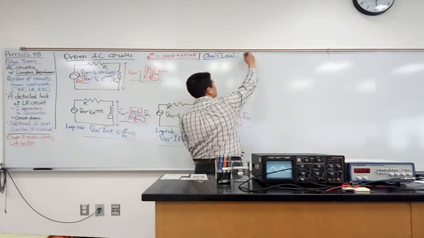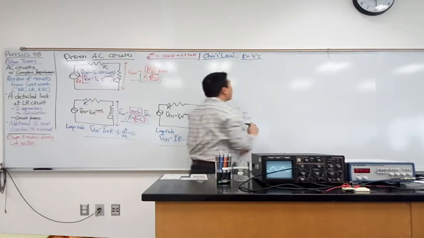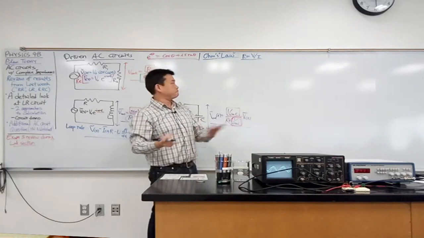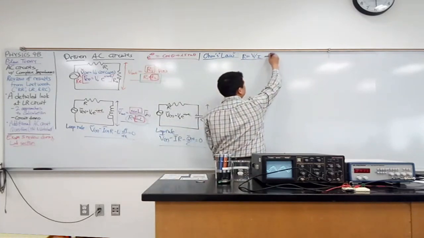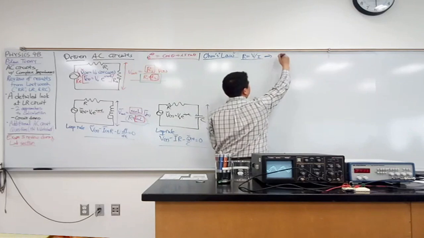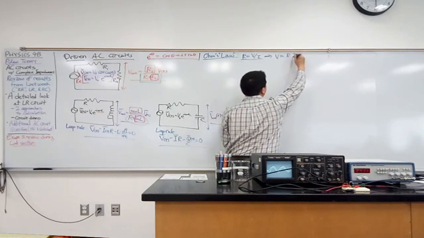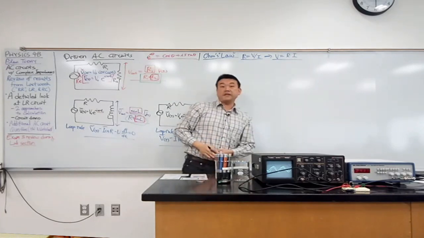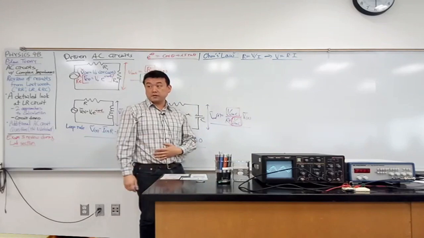It says resistance is voltage over current, or this establishes this remarkably simple relationship, that voltage is equal to resistance times current. That voltage and current are linearly related to each other. They are simply proportional to each other.